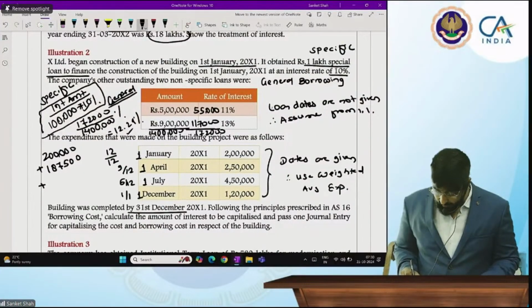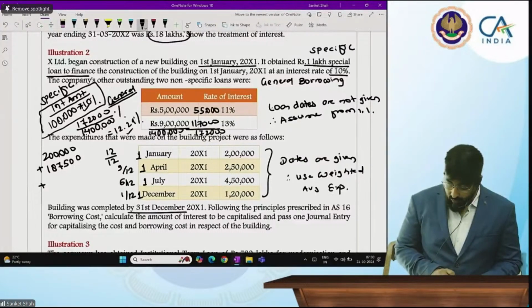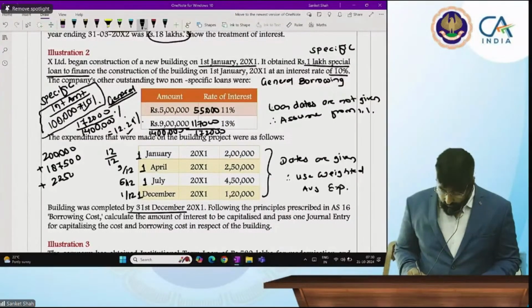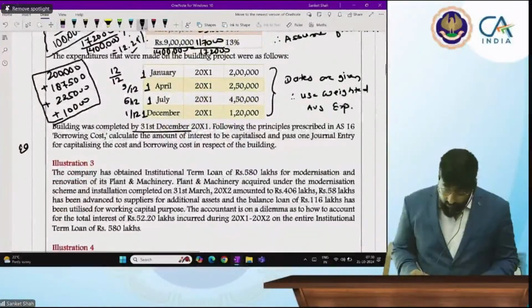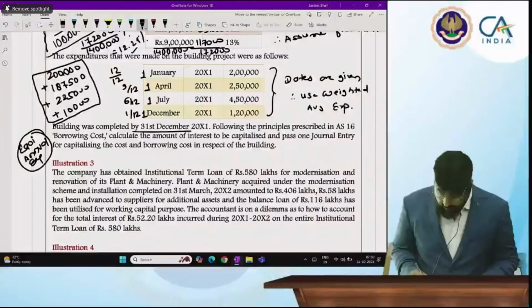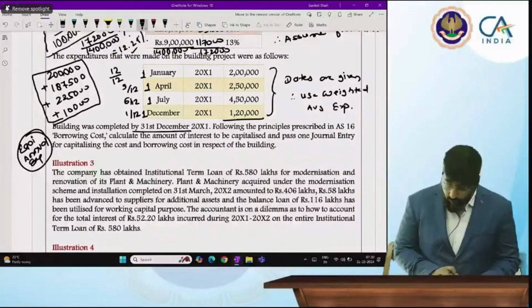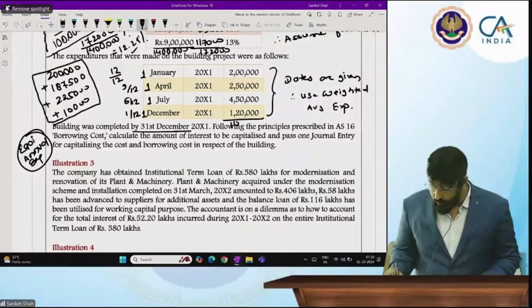And this is 1 by 12. So the 2 lakh equivalent concept I'm going to use over here. 2,25,000, and this is 10,000. This is called equivalent annual expenditure.